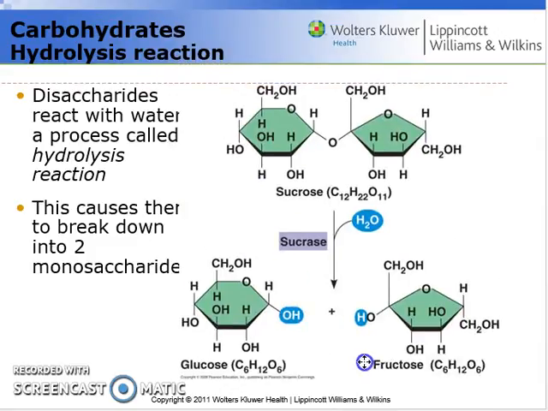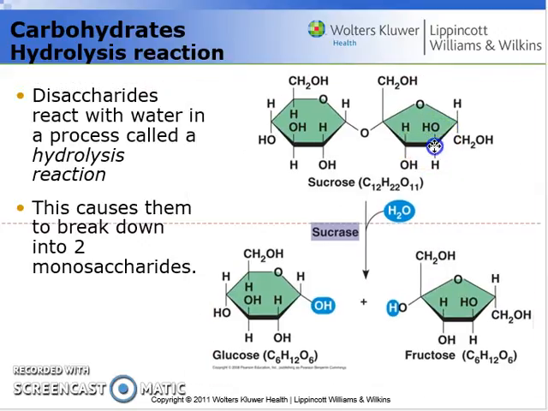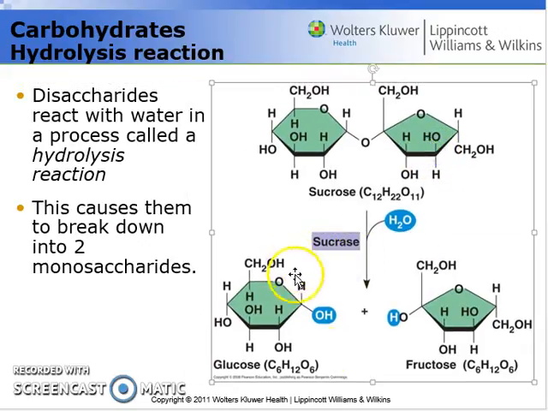Now, this entire process can be expedited through the use of an enzyme, and the enzyme that's involved in this process is called sucrase. Anytime you see ASE at the end of a chemical name, typically that means that you have some sort of enzyme that's present.